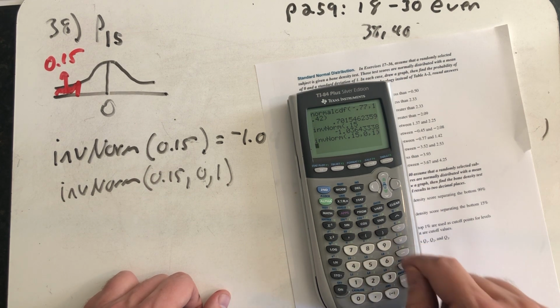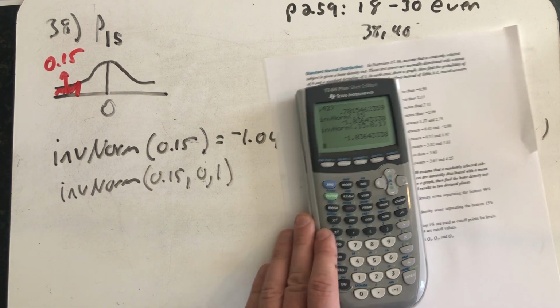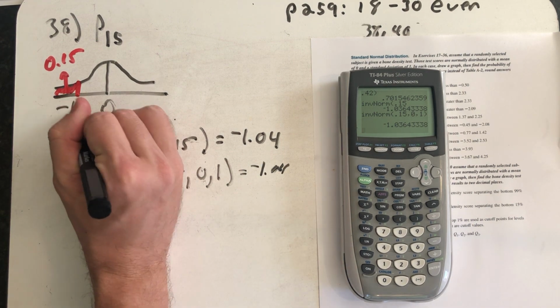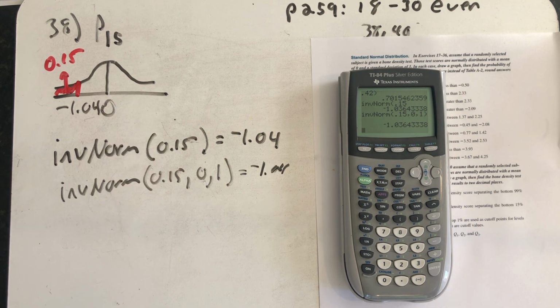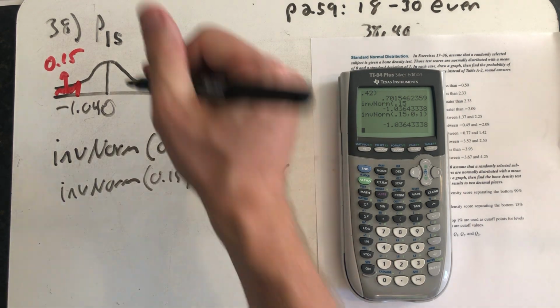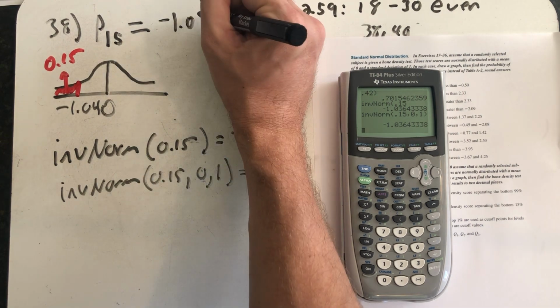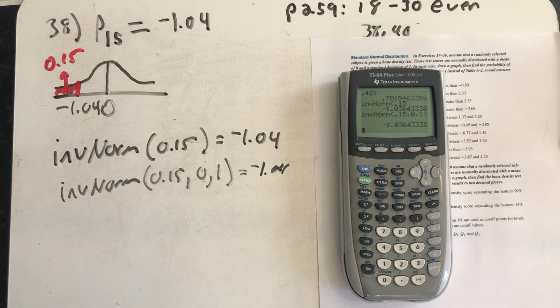And that way I'm treating all the problems the same and I never forget to type in the mean and the standard deviation. All right, so that is the actual data value that separates the bottom 15% from the top 85%. That is the 15th percentile. We were asked to round that to 2 decimal places, so minus 1.04.